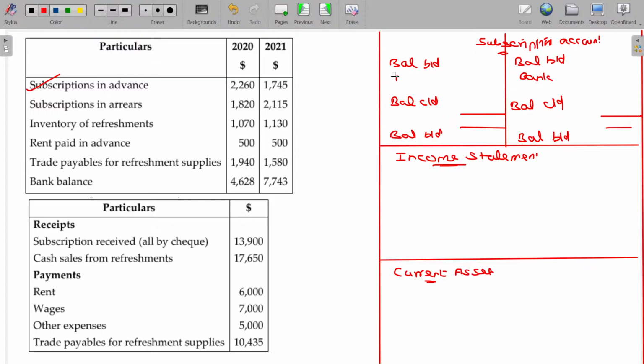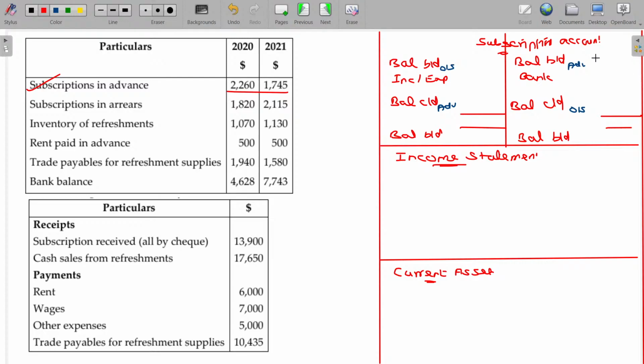Here is the amount transferable to the income and expenditure account. The opening balance being the outstanding goes here, and the advance should be here. Let me finish up with the available information.